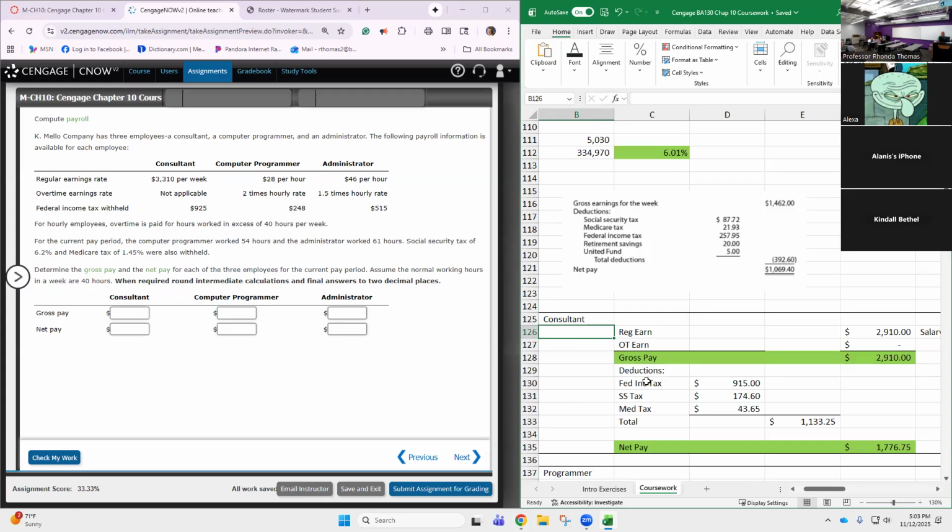So you could say, well, what makes you want to work all your extra hours? Because I want to get things done for students. So let's go ahead and put in how much this salary is for this consultant. I've got $3,310 is the salary for the consultant.